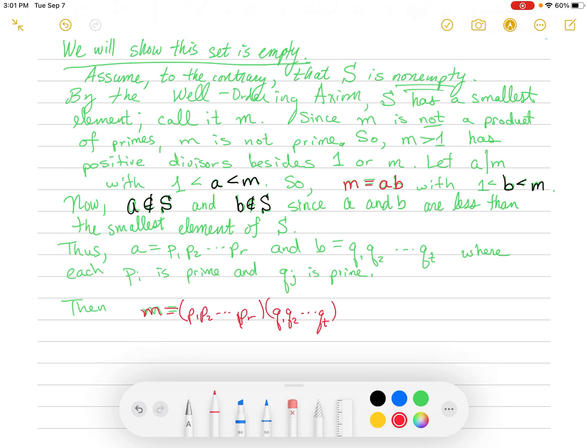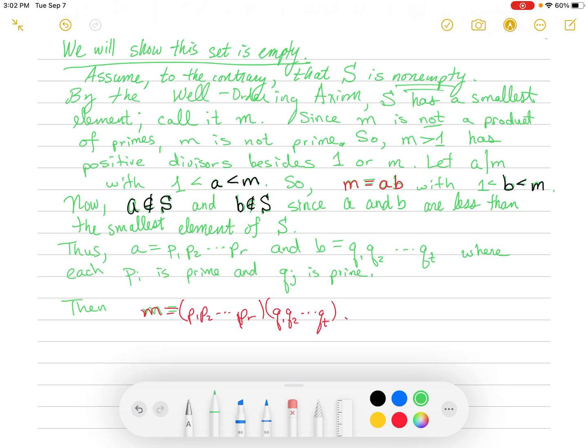And this shows that M is a product of primes, right? You got a bunch of primes multiplied together. But that contradicts the fact that M is not a product of primes, right? Remember, M was not a product of primes because it was in S.